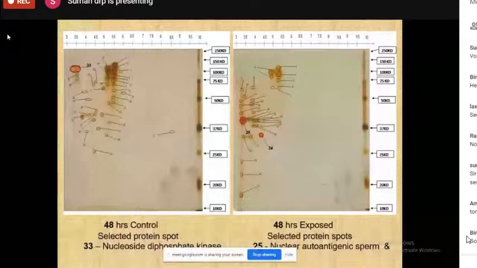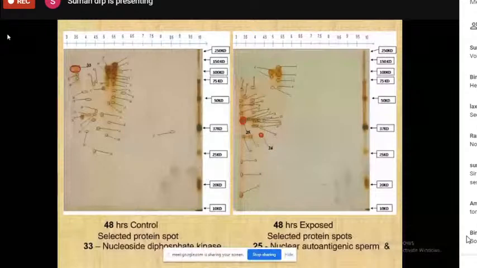Like this, a total of 15 proteins were characterized. All these proteins show downregulation and upregulation because of stress in the shrimp.